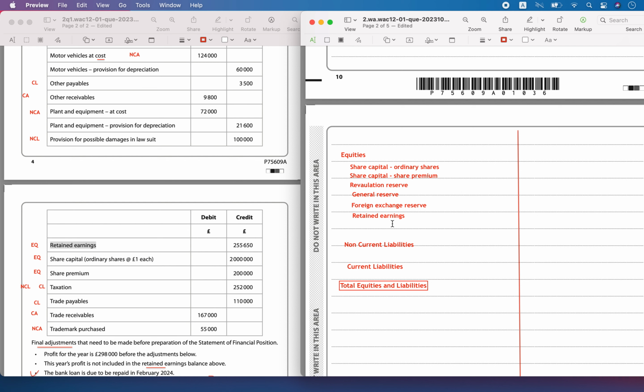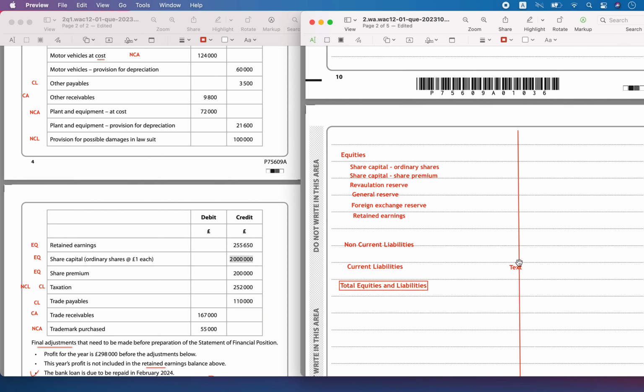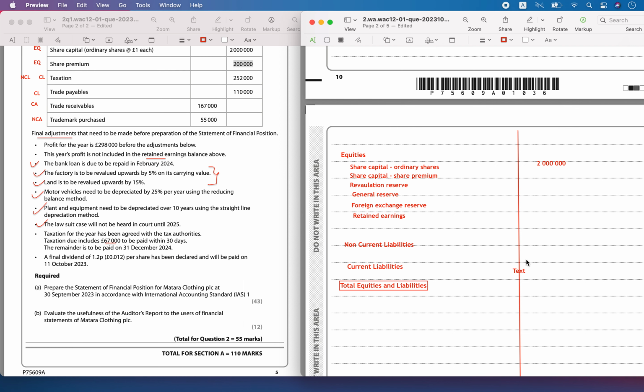The share capital is part of the equity, at 2 million, and there has been no change to this, so I'm going to include 2 million. Then the share premium is not mentioned anywhere else, so you are just going to include it, 200,000.